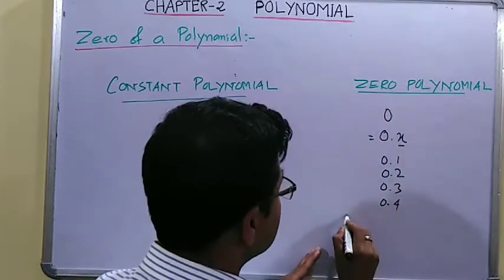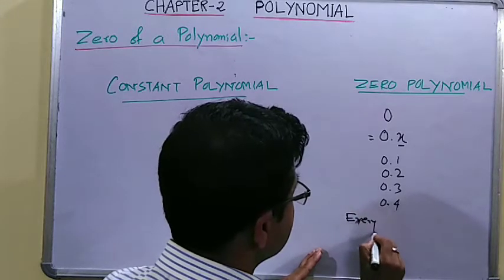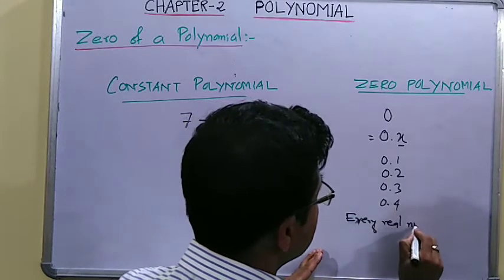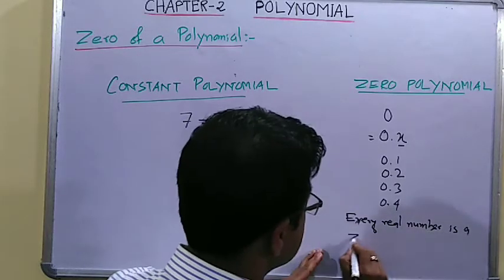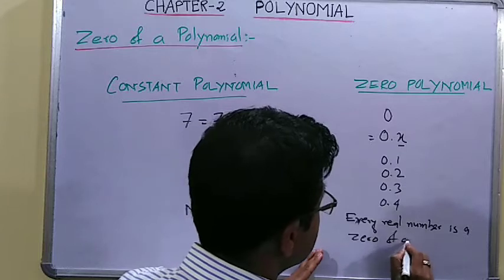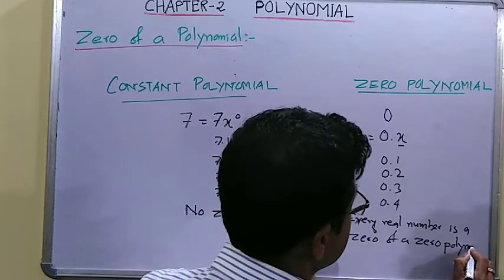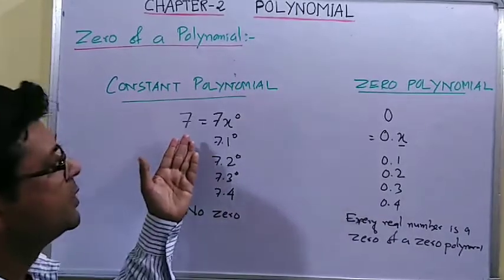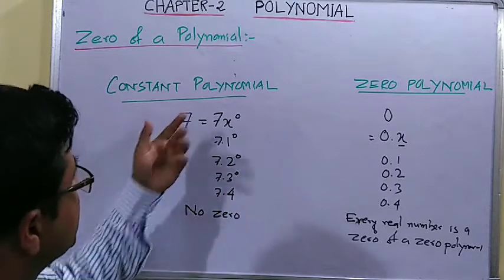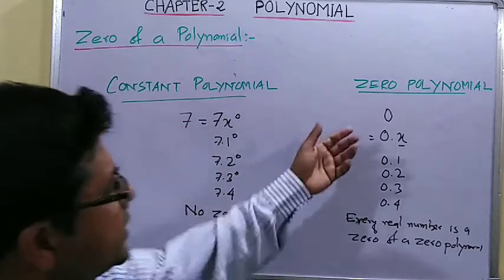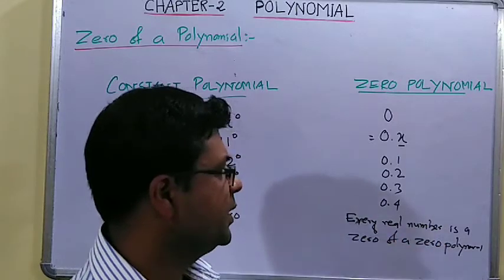So every real number is a 0 of the 0 polynomial. Here we are discussing a non-zero constant polynomial. It has no 0, and every real number is a 0 of this 0 polynomial.